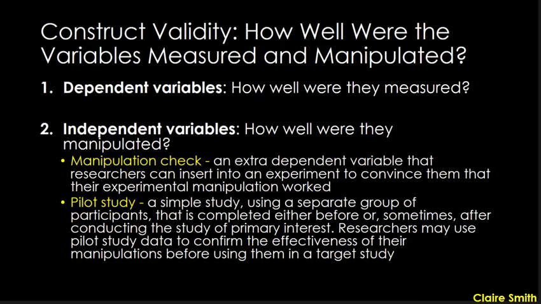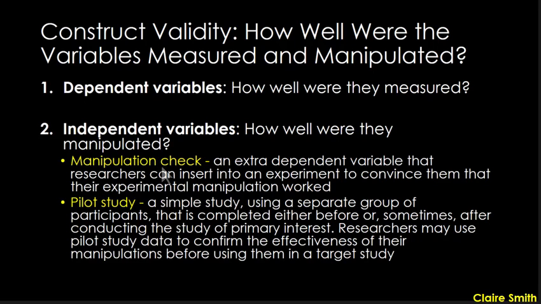Okay, example. Researchers wanted to investigate if humor in lectures would improve retention of the material. So they had individuals listen to boring, not humorous lectures versus what they thought were more humorous lectures, and then saw the effect on their exam scores. But they did a manipulation check.